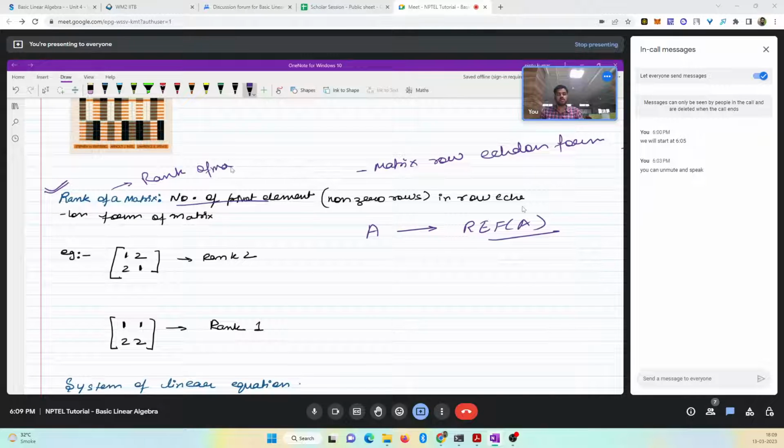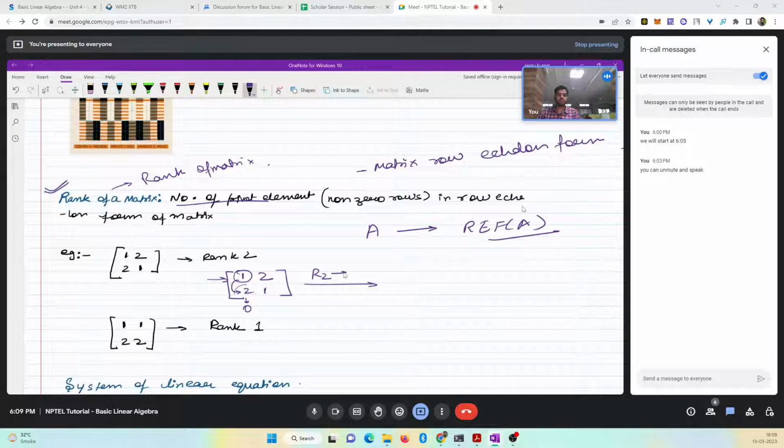Okay. For example, let's see this example. The matrix given over here is 1, 2, 2, 1. If we do our elementary row operation, what do we need to do? We need to convert the entry below the first non-zero entry of row 1 to be 0. We want this term to be 0. How can we make it 0?